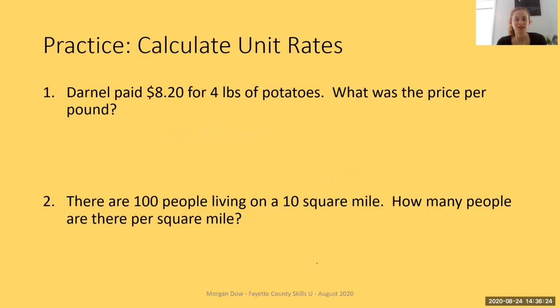All right, let's get some practice. Number 1, Darnell paid $8.20 for 4 pounds of potatoes. What was the price per pound? Price per pound, so dollars per pound. I'm going to set up my ratio of the numbers I'm given: the price and the number of pounds.